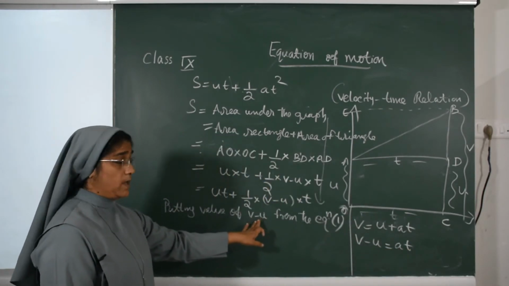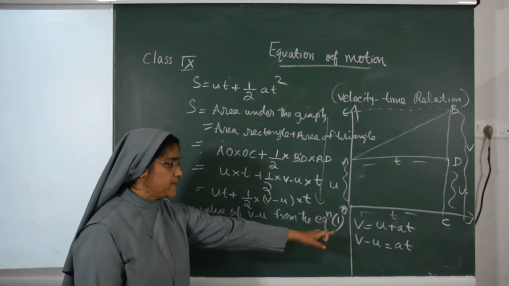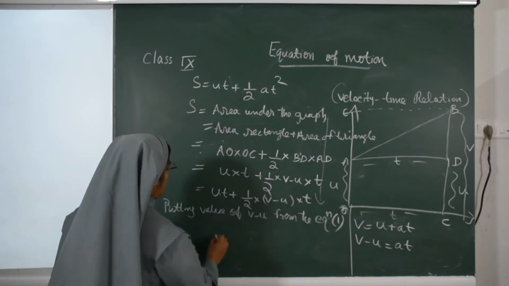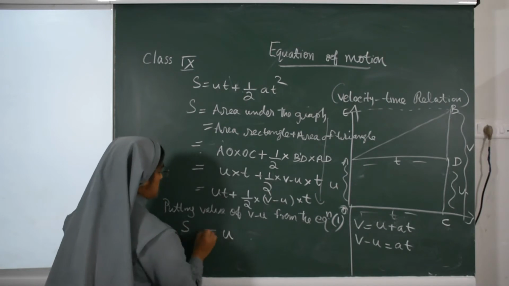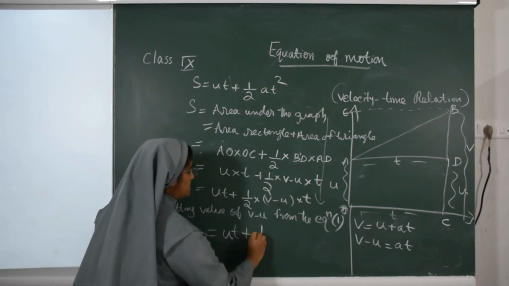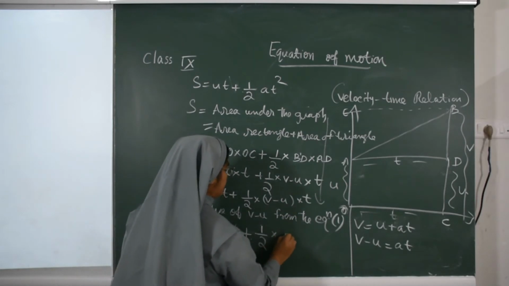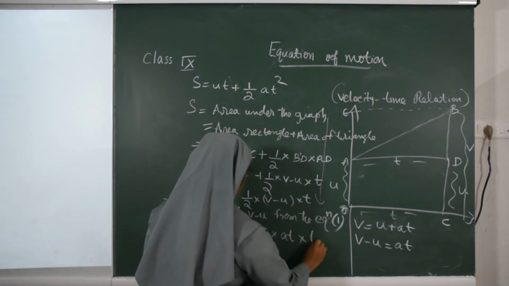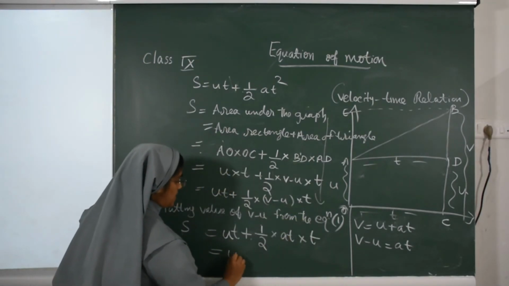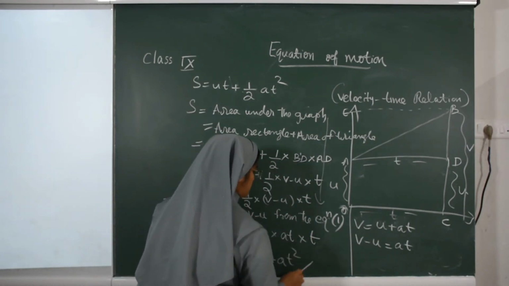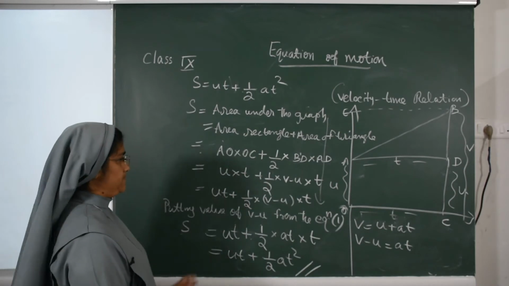So, in the place of v minus u, we write at. So, s is equal to ut plus half (v minus u), meaning at, into t. So, ut plus half at square. This is the second equation.